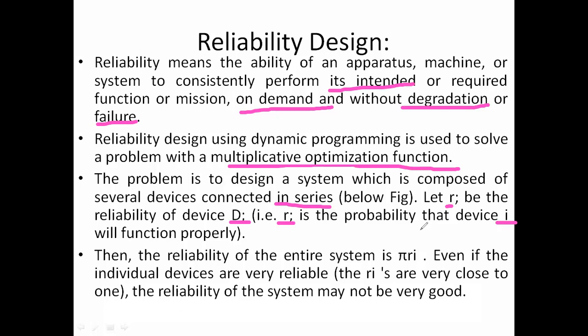If you have more devices, the reliability of the entire system is the product of Ri, that is, pi into Ri. Here each Ri is very close to one for a single device, so the system may not be very good. So the overall reliability is pi into Ri.